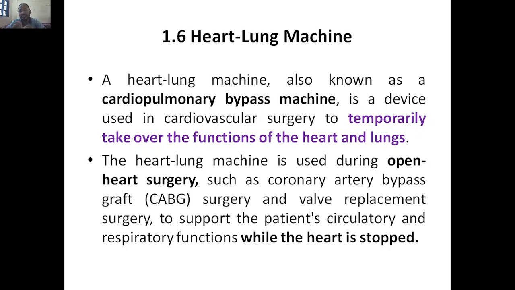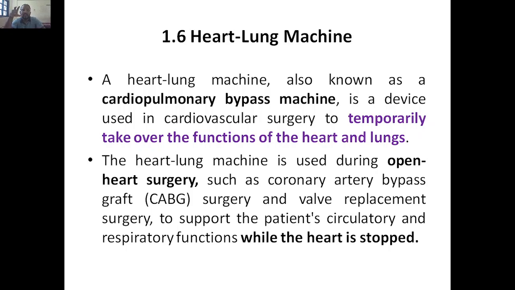So during the surgery, the machine is taking care of the heart and lung function. Understanding? The heart lung machine is also known as a cardiopulmonary bypass machine. It is a device used in cardiovascular surgery to temporarily take over the functions of the heart and lungs, temporarily until that particular surgery is done.